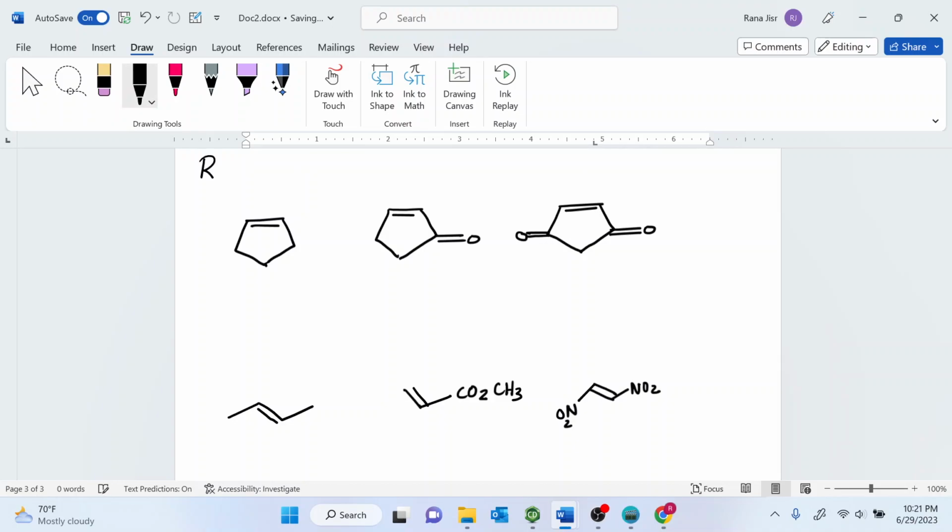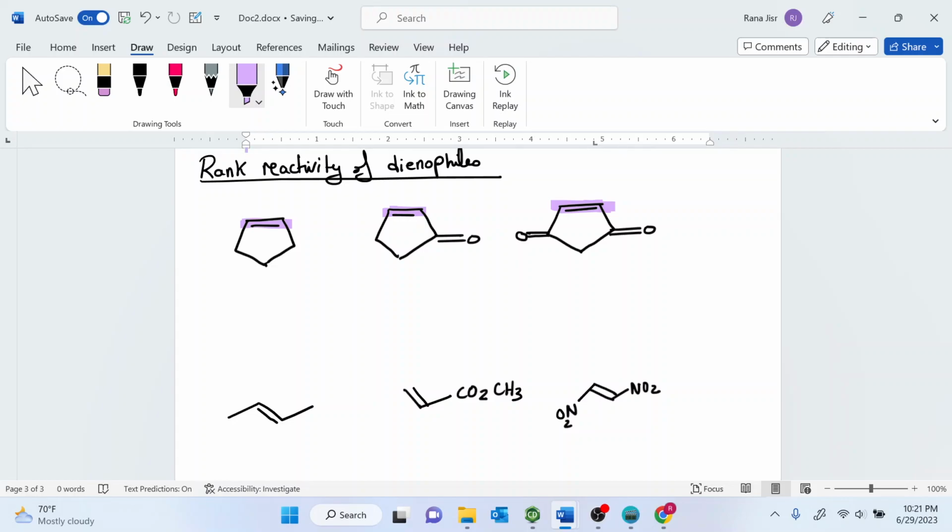So let's go ahead and rank the reactivity of the dienophiles. Let's start with the first three dienophiles in there. So let's highlight the dienophile. So this is going to be my alkene, the dienophile, and see how many electron withdrawing groups are there around the dienophile.